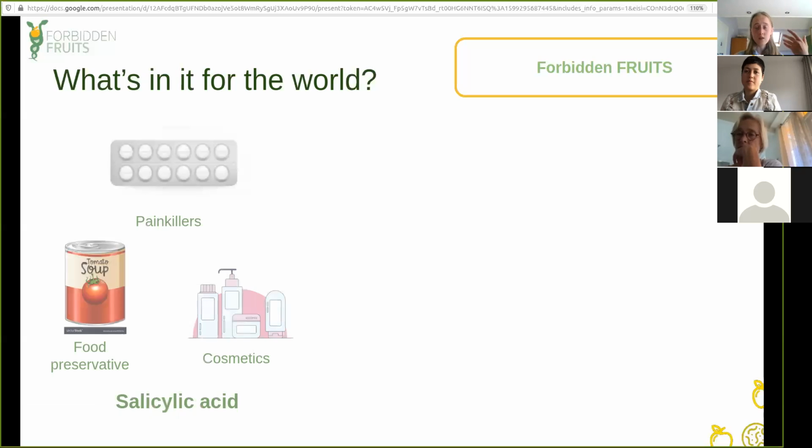But why these products? And what could be another product, and what do they do? Because salicylic acid, I've never heard of it before. Well, salicylic acid is, for example, a component of painkillers, but it has also antibacterial effects. So it can be used in cosmetics, skin creams and stuff, and in food as a food preservative.